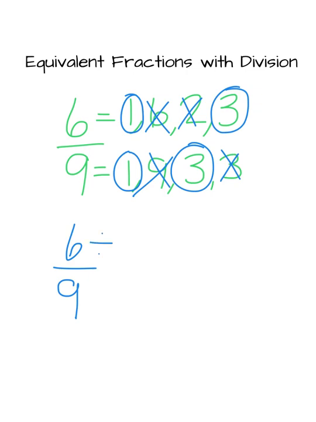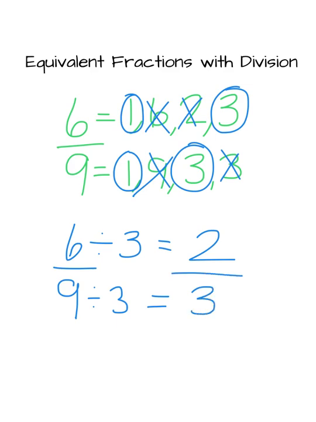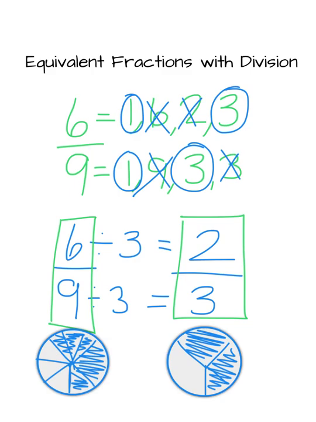So let's take 6 divided by 3, which would be 2. Now, if we divide the top by 3, we also have to divide the bottom by 3. So we will have 9 divided by 3, which equals 3. So when we look at these, we see 6/9 is equal to 2/3.